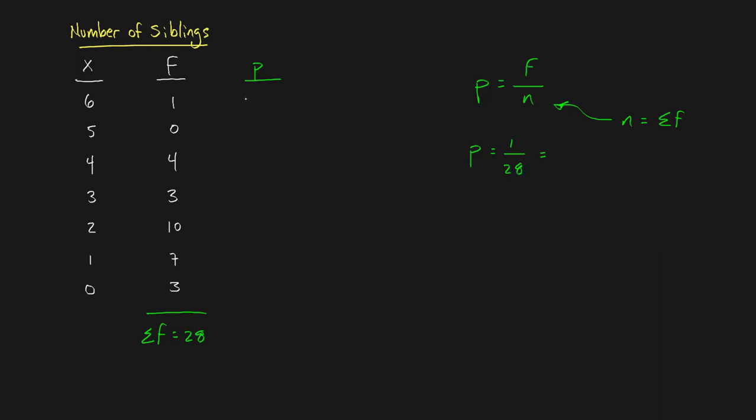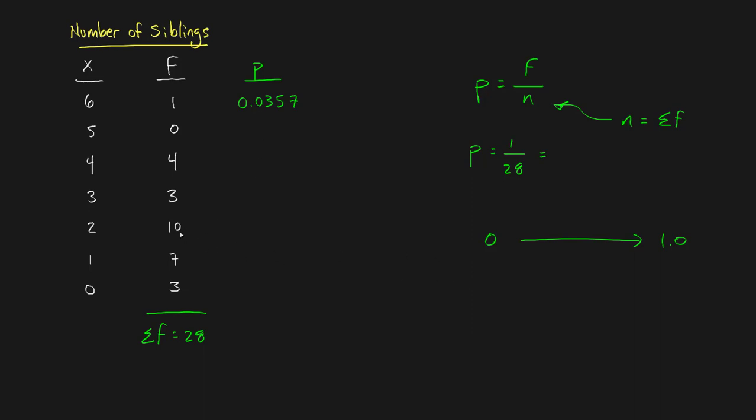Now, a proportion is always measured between 0 and 1.0. And the closer you are to 0, the more rare something is, the less of a probability that it's going to come up. So this is a fairly small number, let's say by comparison to the 10.